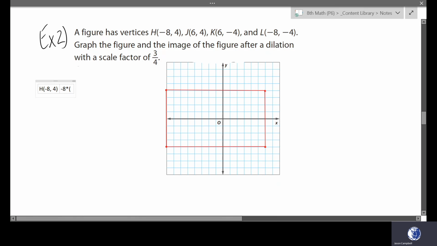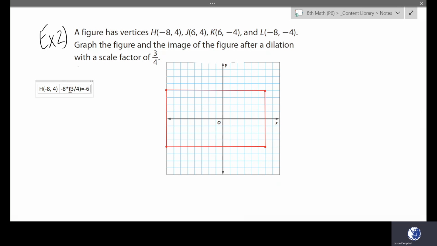We can do that. So multiplied by 3/4 is -6. 4 multiplied by 3/4 is 3. So my new point at H prime is going to be at -6, 3.